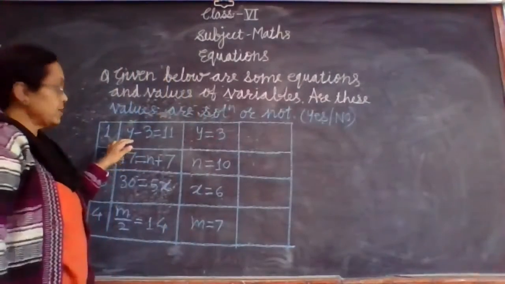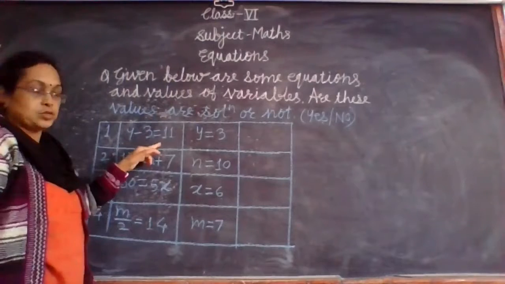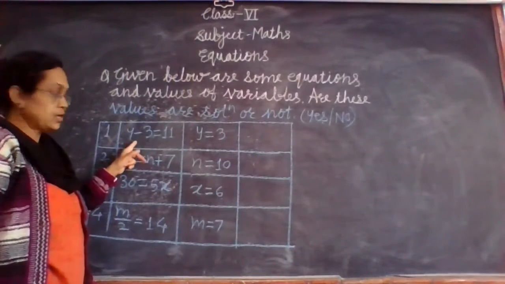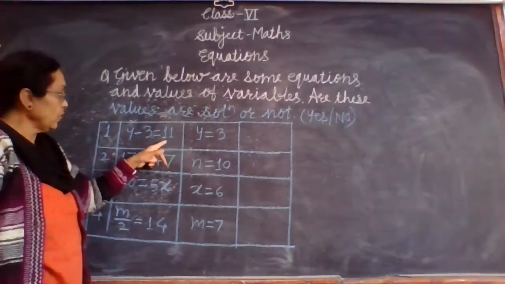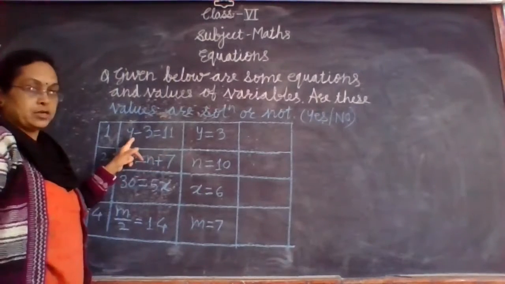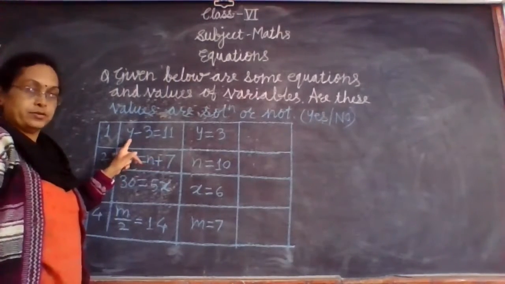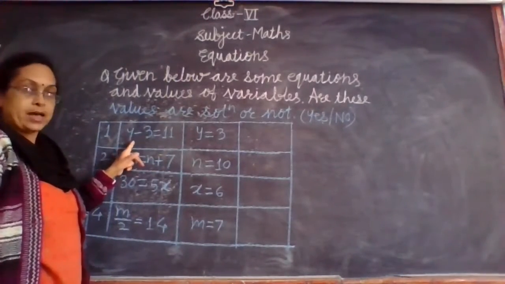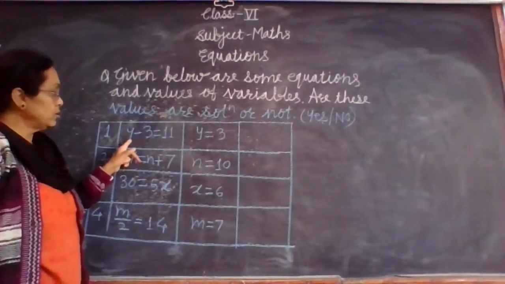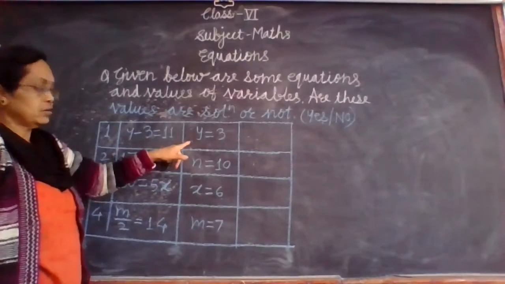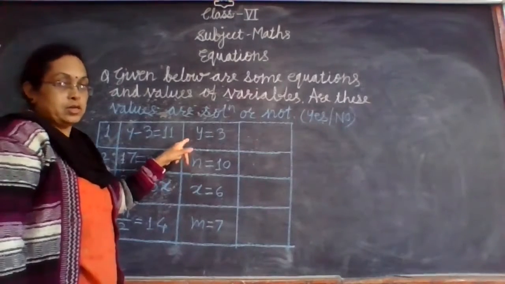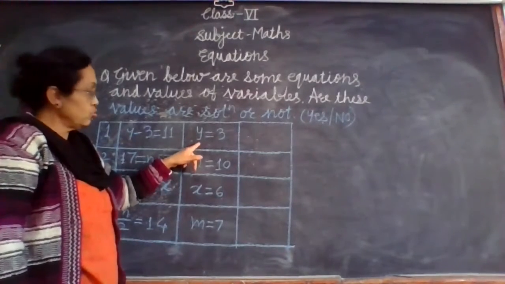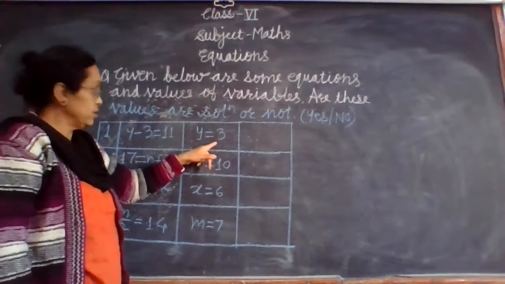Now again we will revise. This is the equation with left hand side y minus 3 and right hand side 11. To solve this equation means to find out the value of the variable y. Now in this column they have given the value y equal to 3.